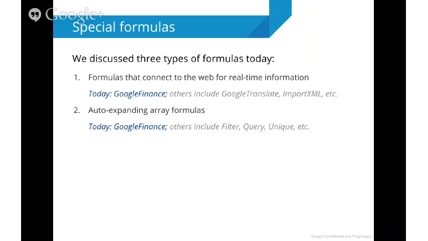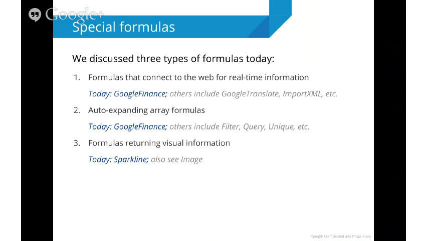ImportXML also grabs you some structured data from it. Google Finance was also the auto-expanding array formula we went through. If you just specify a longer period, it gives you more data than just that cell. There's some others like filter, so using the filter functionality within a formula. Query, which lets you use SQL language within a formula, and unique removes duplicates as well.